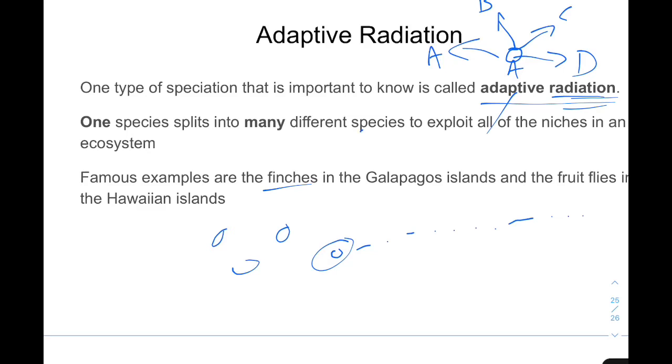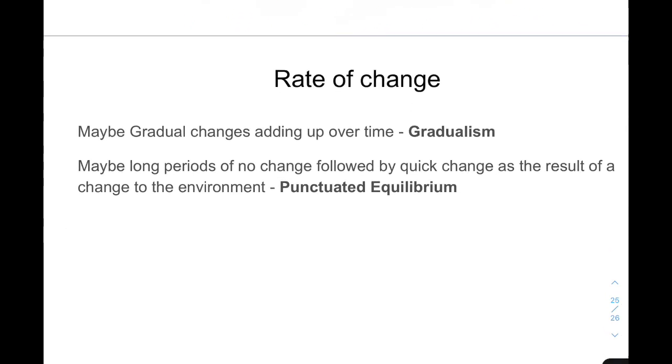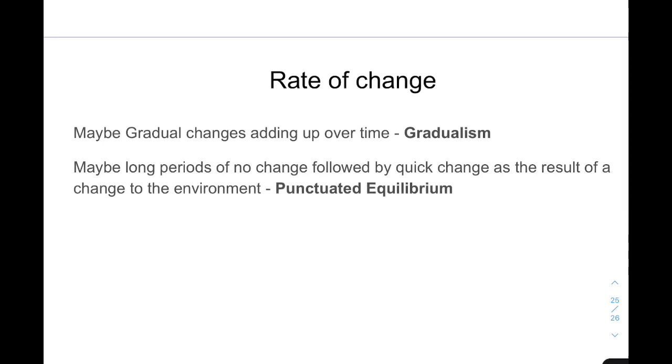So this radiation means one species becomes many species. There are lots of examples of this in nature, but if you want to read about it, Darwin's finches are definitely the most well described of those.